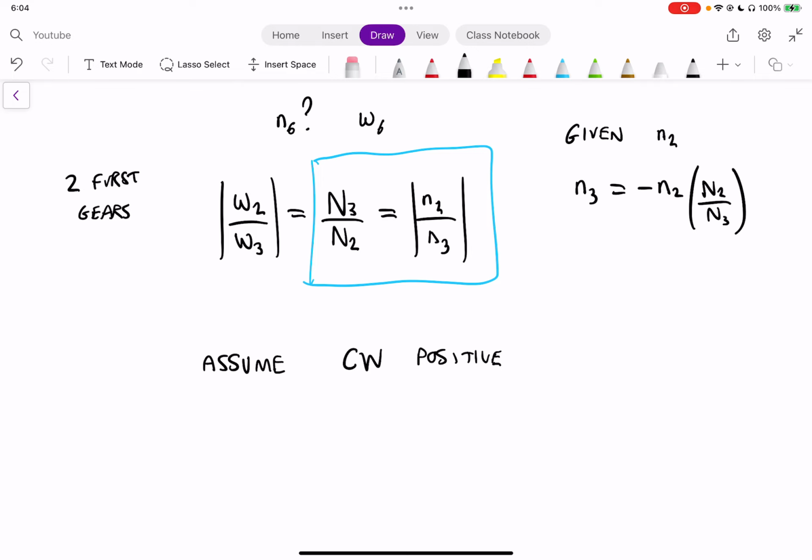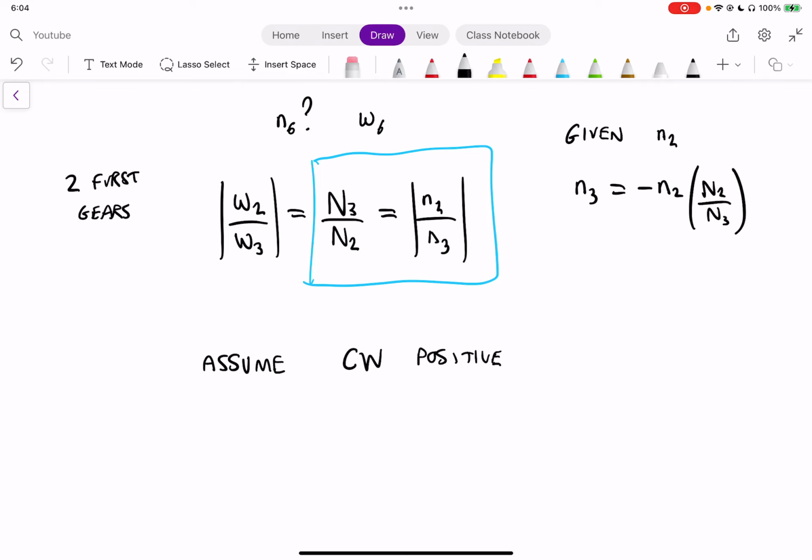So we have this whole equation. If we substitute everything in, taking the n6 equation and plugging in n5, which means plugging in n4 and n3 into all the equations, we get that n6 is equal to minus N2 over N3 times N3 over N4 times N5 over N6, all multiplied by lowercase n2, the angular velocity 2.